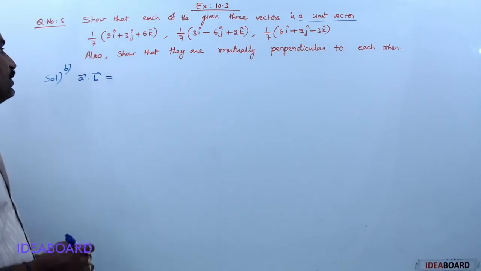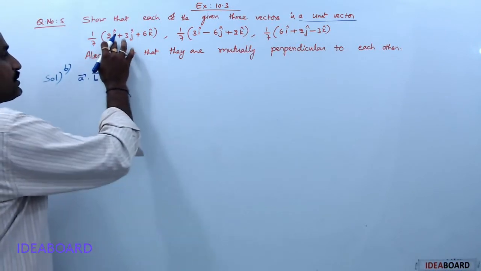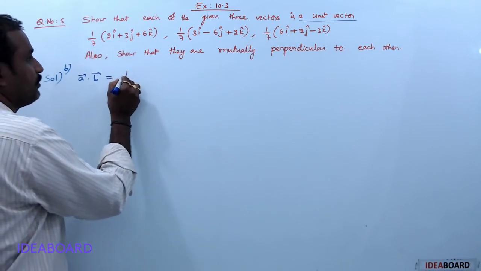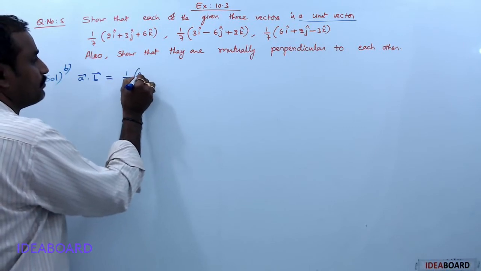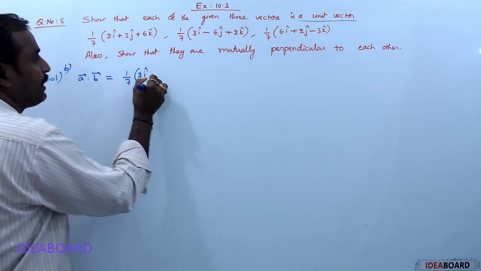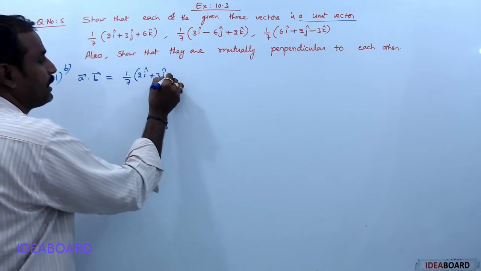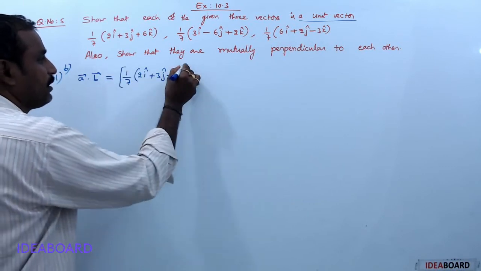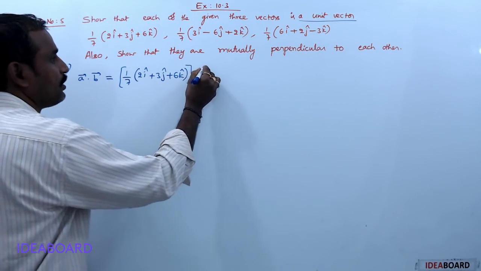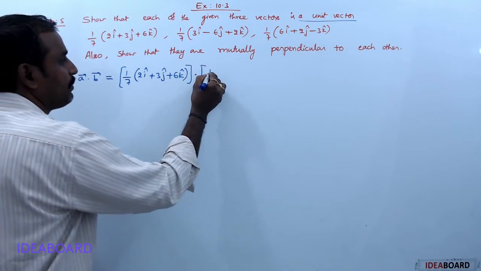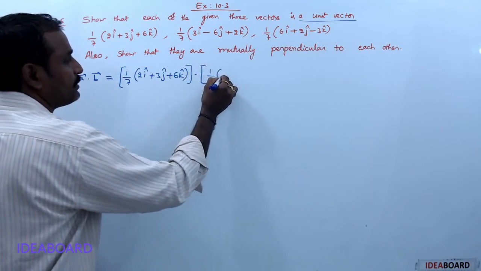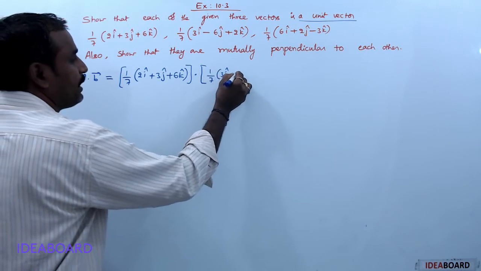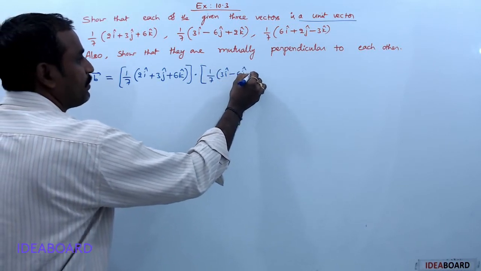So now A bar is 1 by 7 of 2i cap plus 3j cap plus 6k cap, dot product with the vector B bar, which is 1 by 7 of 3i cap minus 6j cap plus 2k cap.